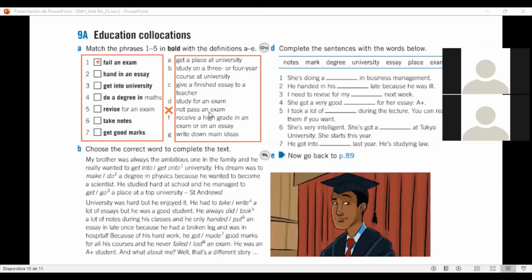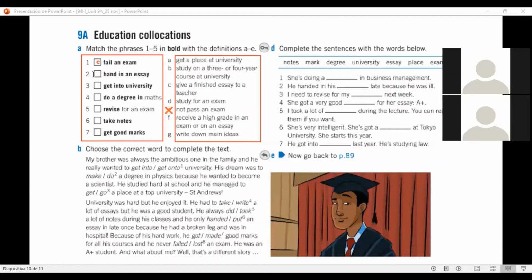Write down main ideas. No. Hand in is when you, for example, complete your classwork and you go to the teacher and give to her or to him. Give a finished essay to the teacher. Exactly. When you finish something, when you complete something, you hand in the task. ¿Sí?